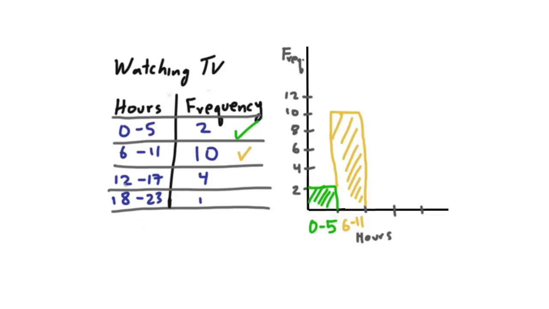And then for the third interval, which is 12 to 17, we have 4 students, so we'll go up to 4. And then the last one there, which is from 18 to 23, we only have one student, so we'll go to 1.